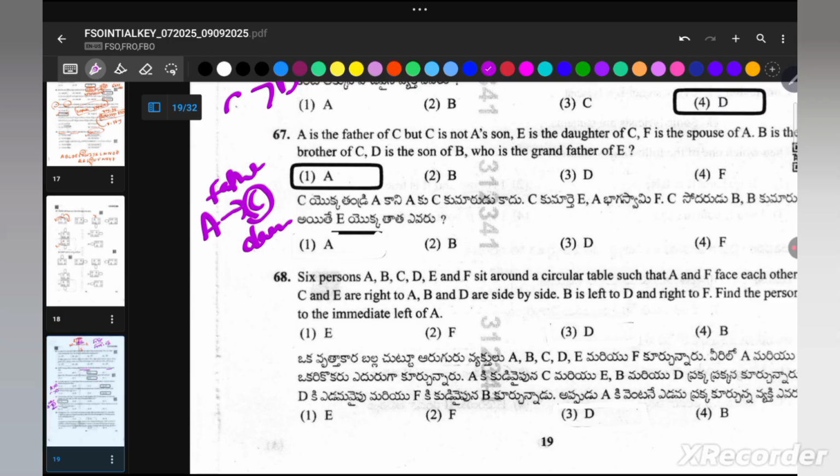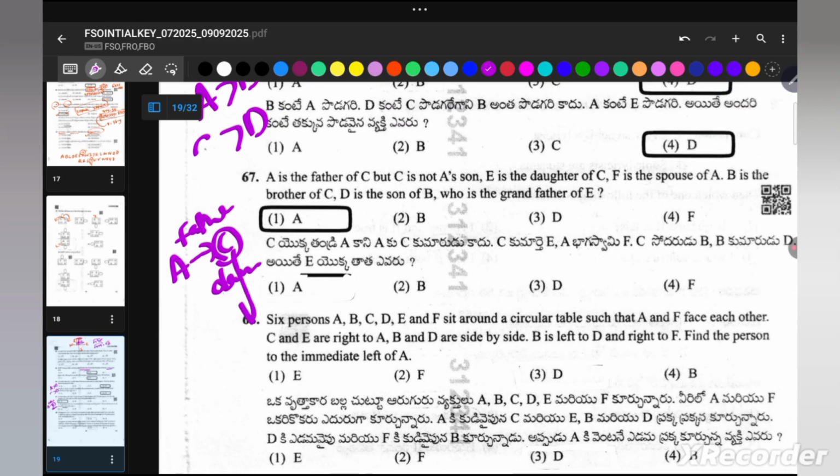Obviously, E is the daughter of C. F is the spouse of A. B is the brother of C. D is the son of B. Okay. Who is the grandfather of E? The grandfather of E is obviously A. Okay. So option A is correct.